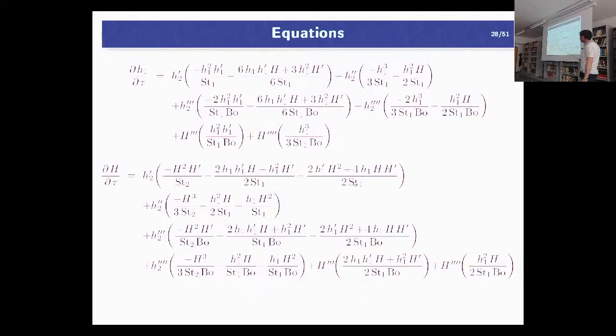If you use a naive explicit time stepping to solve that, you're going to have a constraint on delta t, which scales like delta x to the power 4, which means that if you multiply the number of points by 10, you have to divide the time step by 10 to the 4, which is impossible.